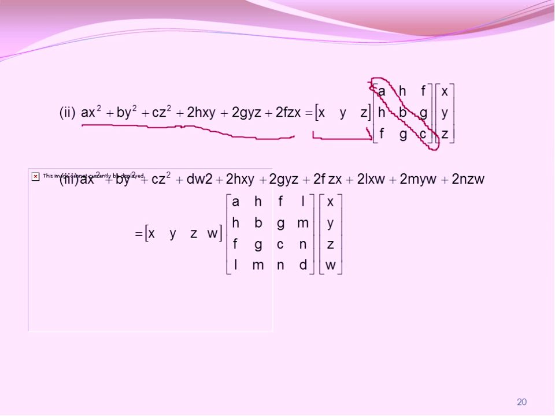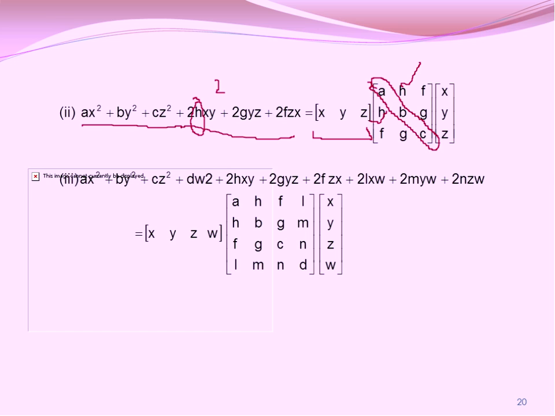Then we start with whatever the values of hxy, gzx, fyz. So this is the value of 2hxy. Here 2 is already written, so we write h over here.